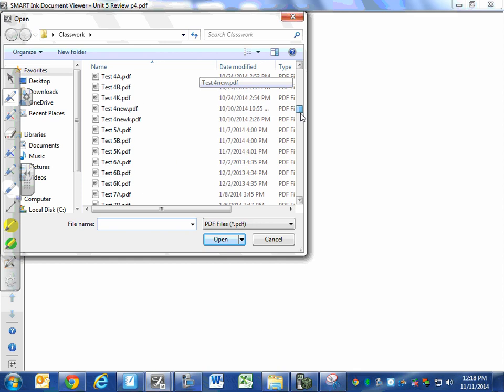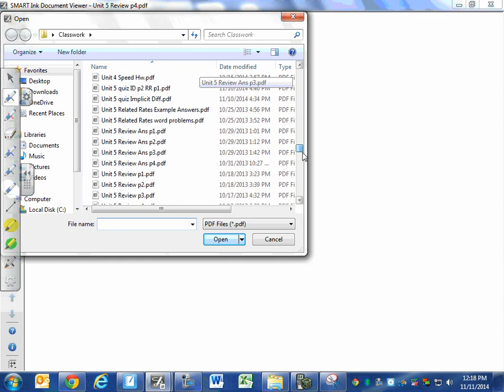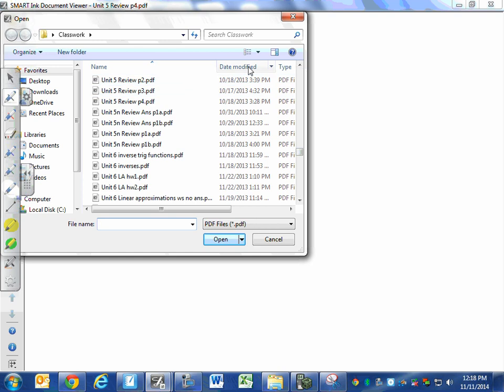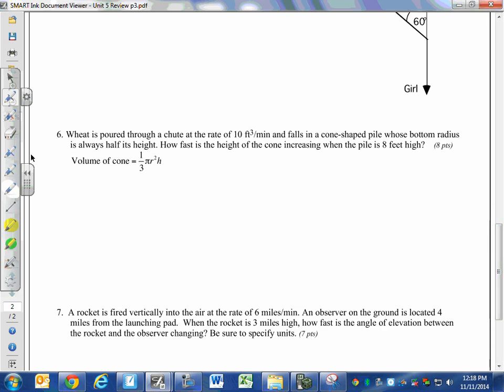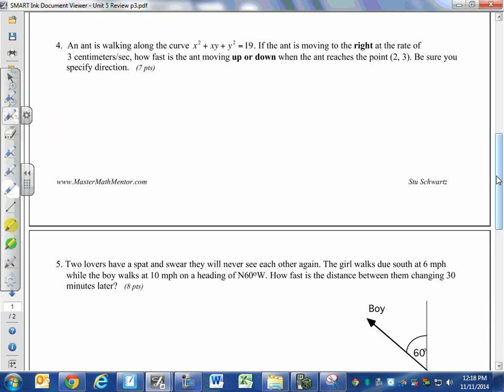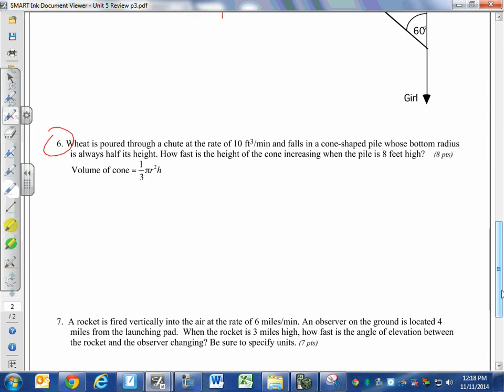So this is the wheat is poured through a chute problem. This problem, wheat is poured through a chute, and then go ahead on this problem, skip this guy. Don't do that guy in general. It uses the law of cosines, it's kind of ridiculous.